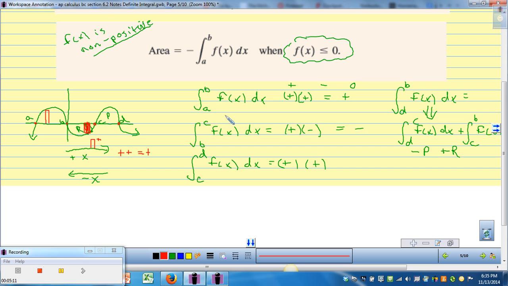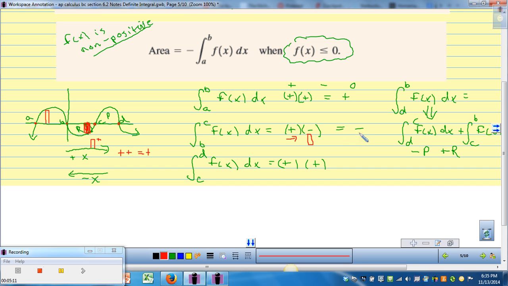Okay, so if we look over here, the integral from a to b of f of x dx is a positive because our x is moving in the positive direction, and the function value is positive, so positive times a positive is positive. If we look at the integral from b to c, well, we again are moving in the positive x direction. We're moving to the right, but this time our rectangle is below the x-axis, so that would be considered a negative.